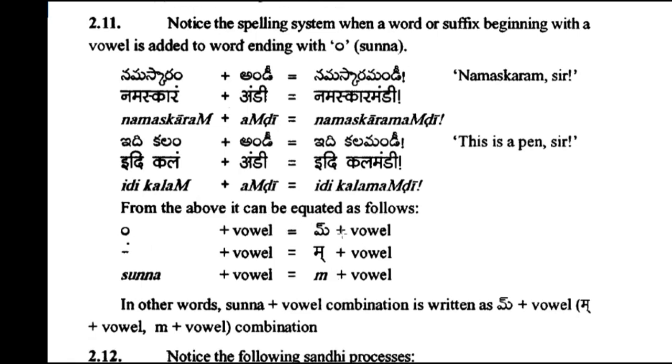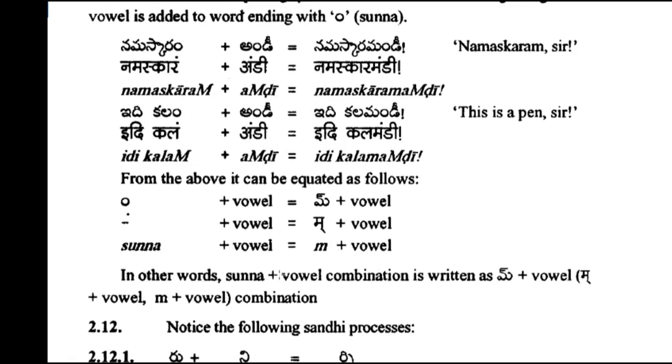If you see this example, you can easily understand, instead of understanding from the grammar part. In other words, the sunna plus vowel combination is written together. It is a little difficult for the beginner to understand, but very simple. You combine by seeing the sounds only.